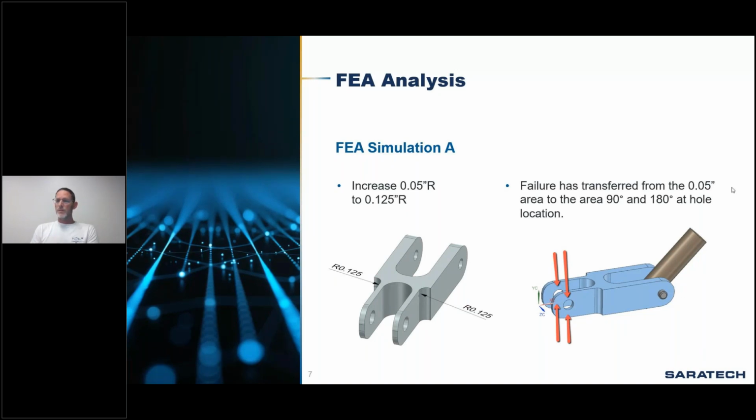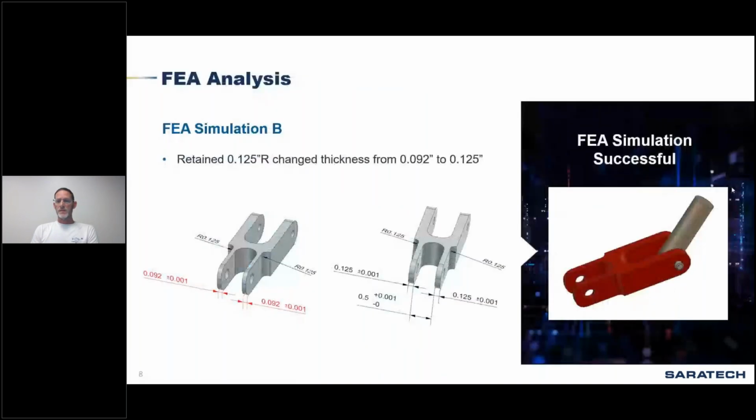So we continued running through FEA analysis iterations, and we found that if we enlarge the ears by just 35 thousandths, we'll be able to maintain no breaking at that point. At this point, we have a passing FEA simulation that this part will actually meet the requirements it was designed for.